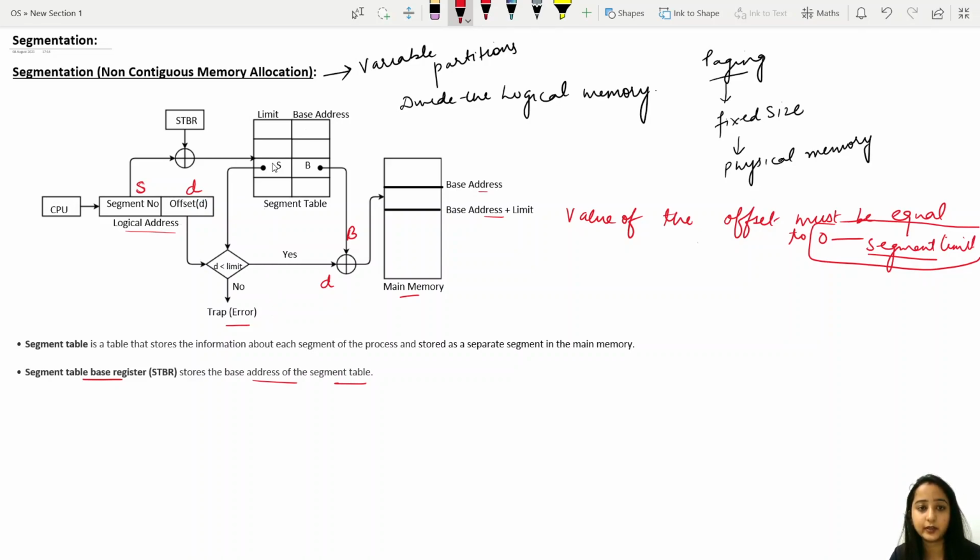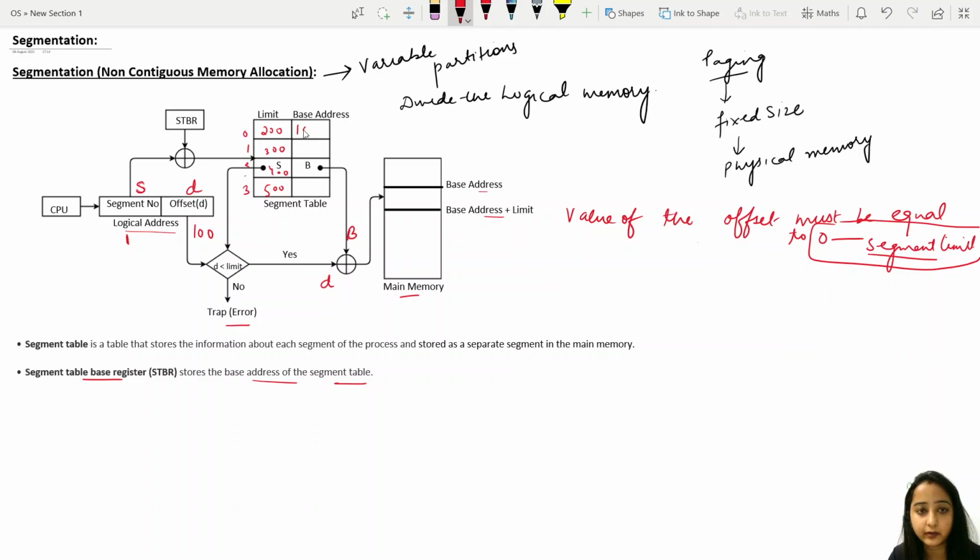Let us see with the help of an example. Suppose the segment number we have is 1 and D is 100. Here we have segment numbers 0, 1, 2 and 3. Here we have the limits 200, 300, 400, 500.